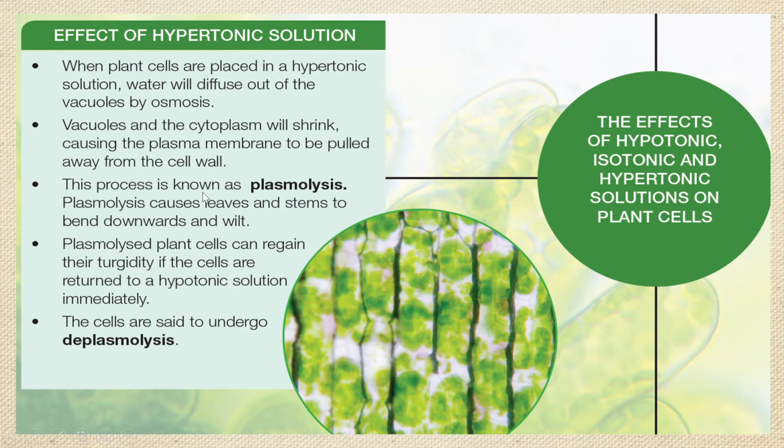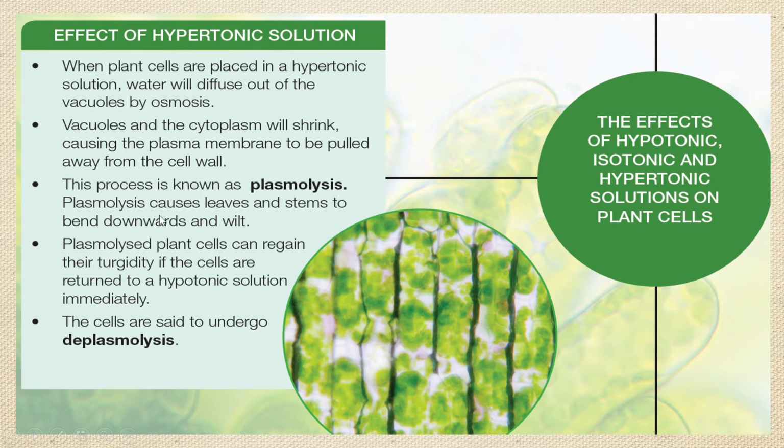And then put in the term plasmolysis. Plasmolysis is the name of a process. So what is plasmolysis? If people ask you what is plasmolysis, this is the process, and then you describe the condition of this plasmolysed cell. The second statement is the condition of a plasmolysed cell.